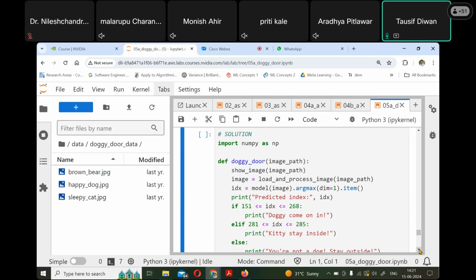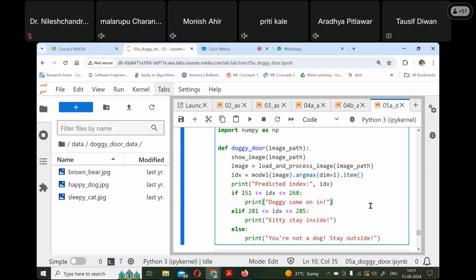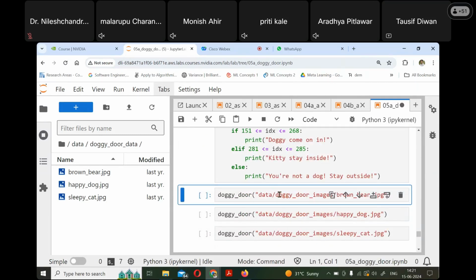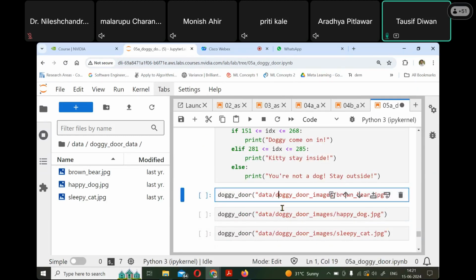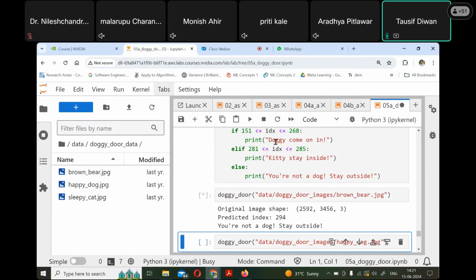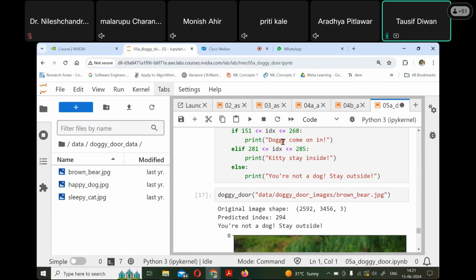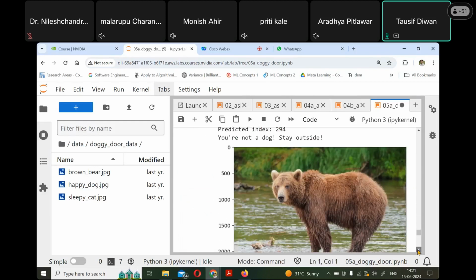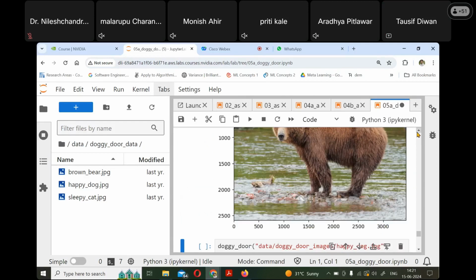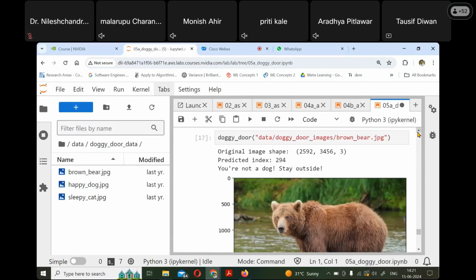Okay, this is fine. Now see, the first two images are for dogs. So here the output is, this is doggy, come on in. No, this, because the predicted index is 294, so this message gets displayed: you are not a dog.